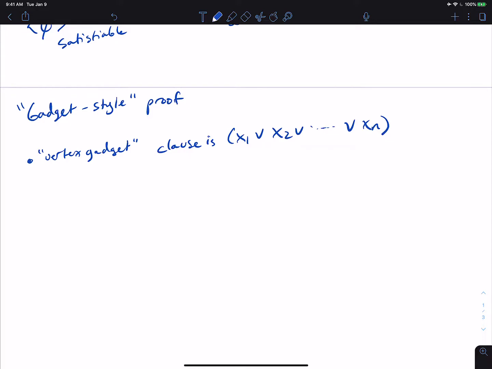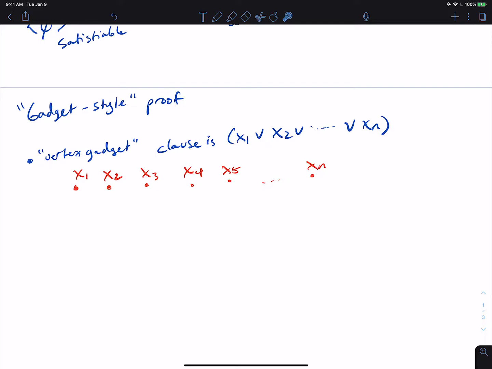But so what is the vertex gadget here? Well, I'm going to use a different color so it's easy to distinguish. So I'm going to make a bunch of vertices where the vertices are going to correspond to the clause that we have here. So for each of the literals appearing in the clause, I'm going to make a single vertex for them.